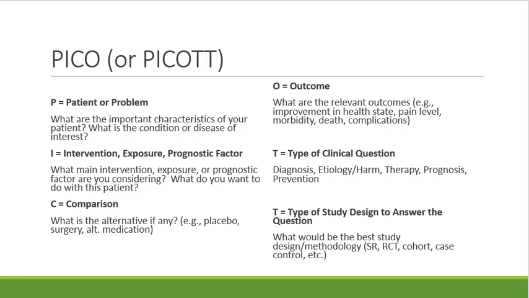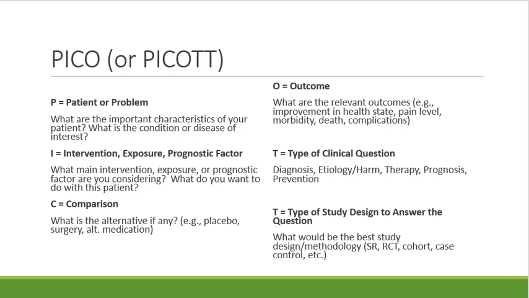It may be surgery or an alternative medication, not alternative as in complementary and alternative medicine, but a different medication, different than the one you're exploring in the I. And then finally, the O is the outcome. What are the relevant outcomes of interest? So this could be things like improvement in one's health state, pain level, morbidity, death, or complications.